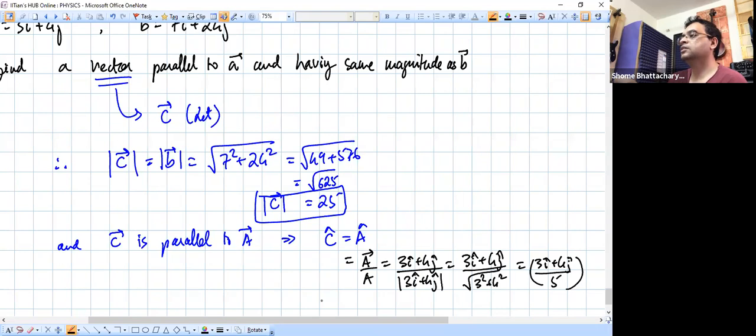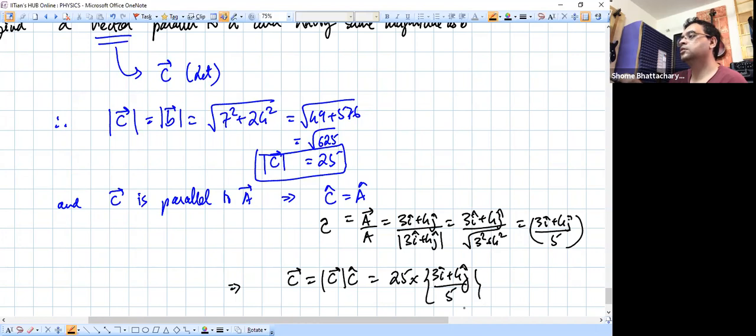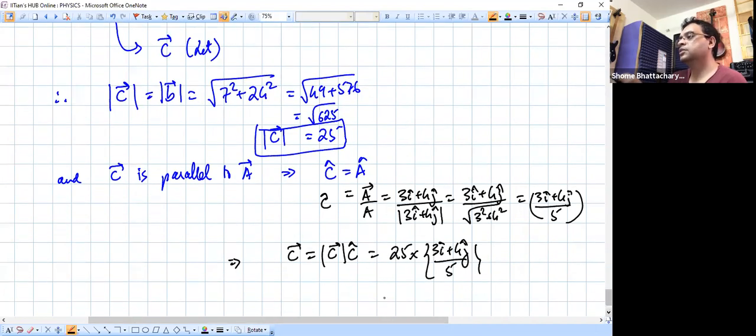So this is my C cap. Okay. So the vector C is nothing but its magnitude multiplied by its unit vector. So 25 multiplied with the unit vector, which is this. So that becomes 15 I cap plus 20 j cap.